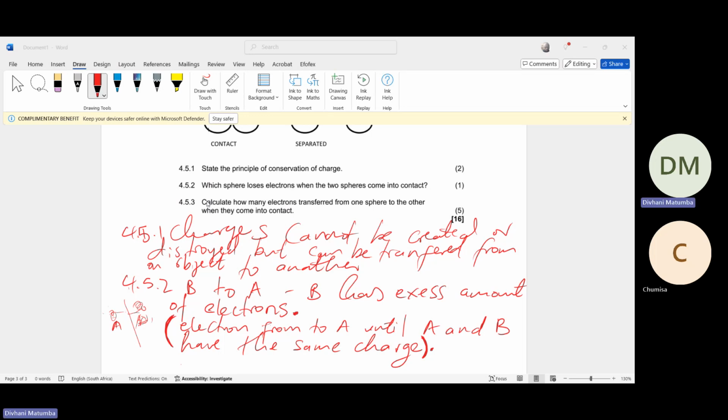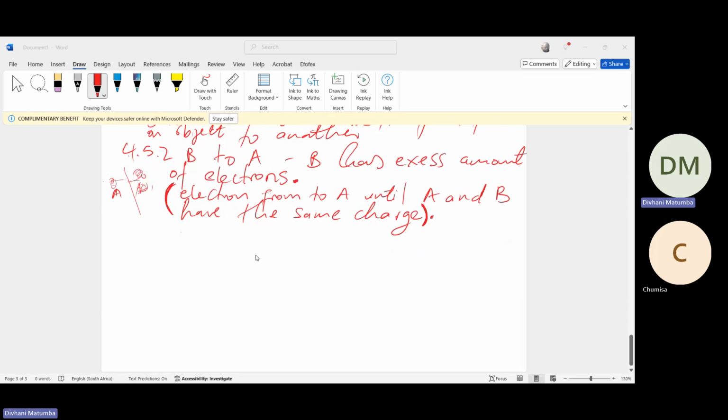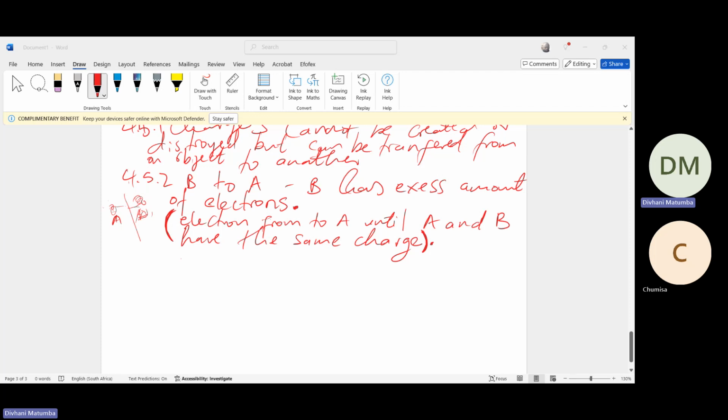Now, let us calculate. They said calculate how many electrons transferred from one sphere to another when they come into contact. How do we go about this one? I know that you know how to calculate it. So it's going to be Q new is equal to Q1 plus Q2.